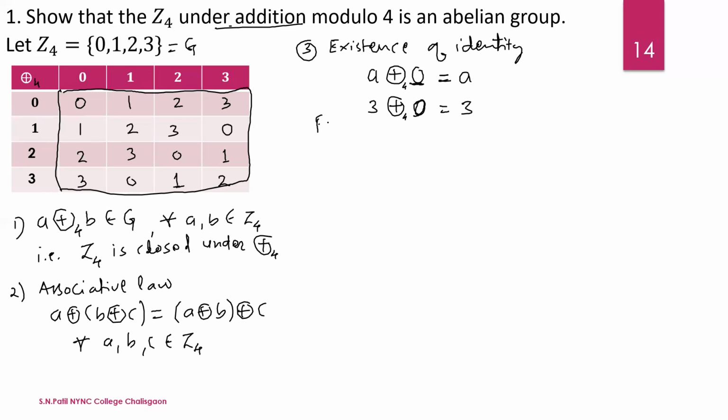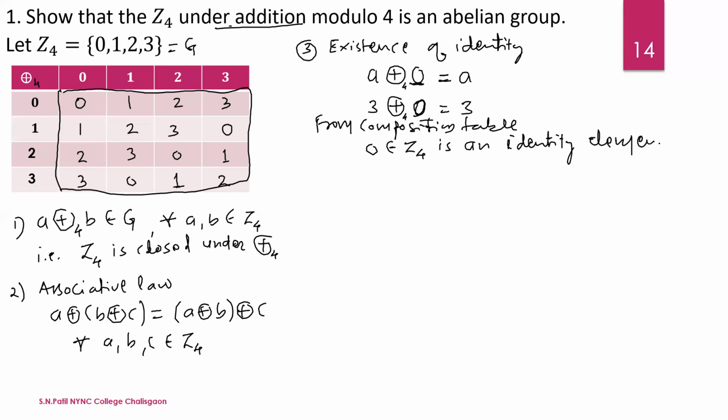From the composition table, 0 belongs to Z4 is an identity element. Okay. Now fourth one is inverse. Existence of inverse.